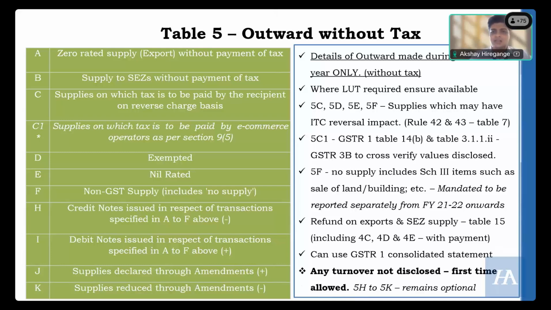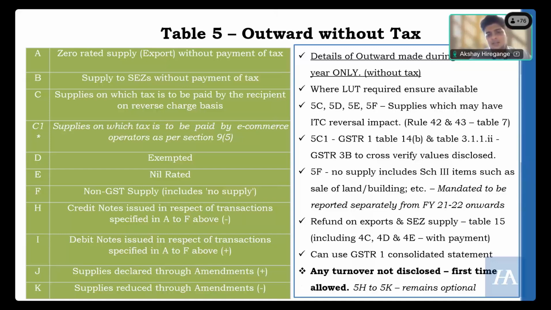That means this includes transactions which are covered under Schedule 3 of the GST law, which is those transactions which are neither goods nor services. Please keep that in mind, neither goods nor services. But non-GST supply means those goods or services which are not leviable to tax, that is GST.